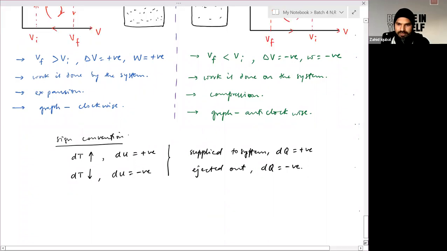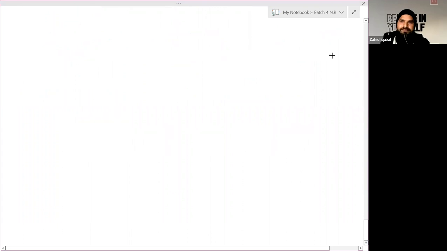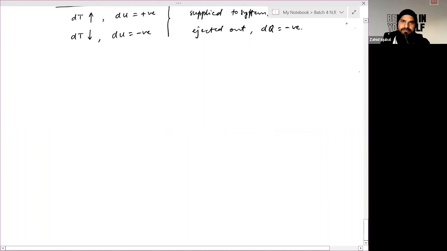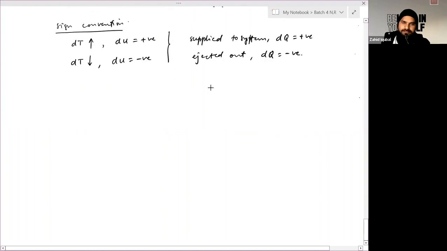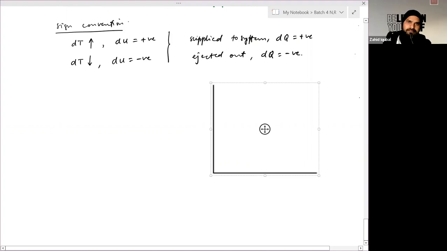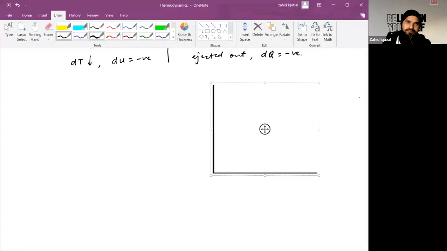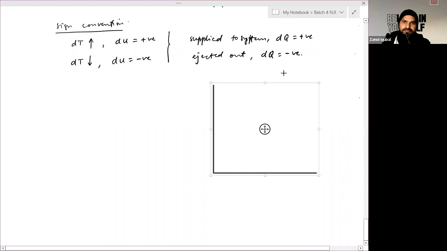Now, let me give you a question related to this part. Pressure versus volume.